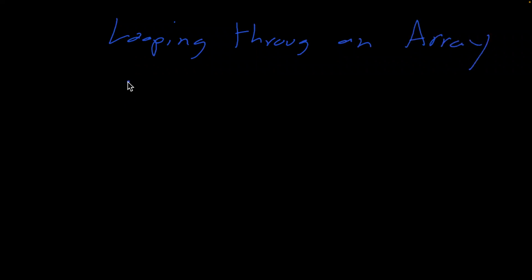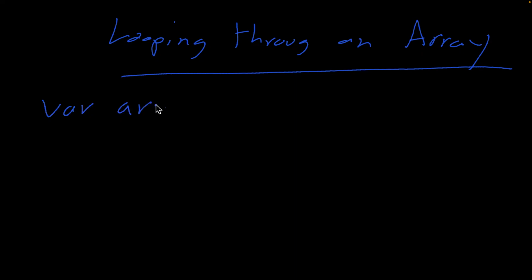Okay, so we have our array. Let me move the windows around. Okay, here we are. Give me a second to put this on. All right. Var R equals 2, 4, 6, 8, 10.